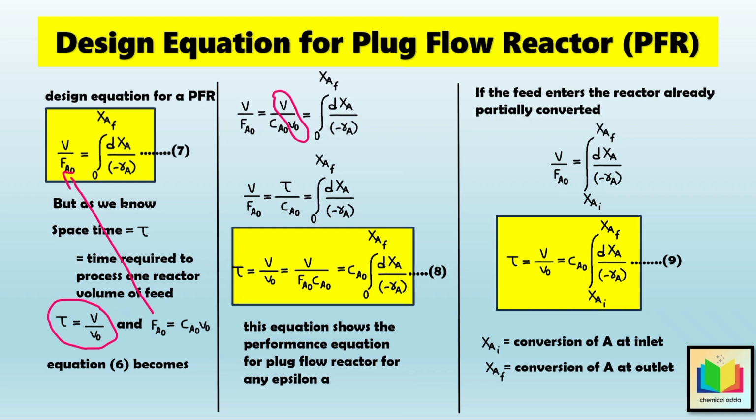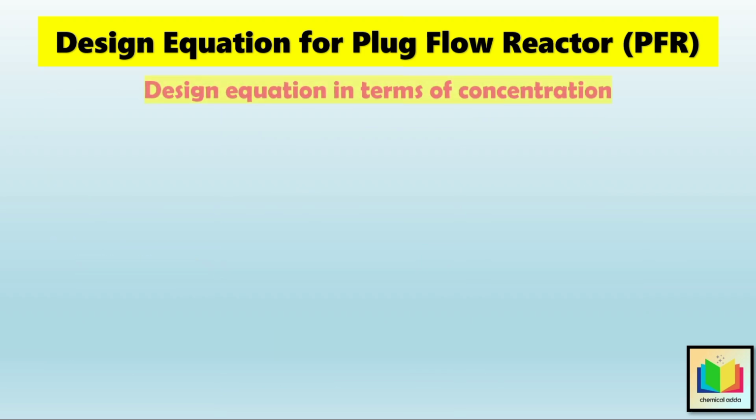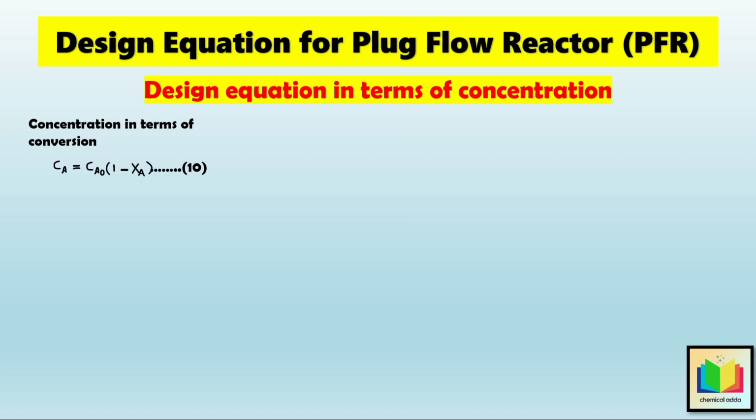Now let's derive the design equation in terms of concentration. So, to obtain the design equation in terms of concentration, we will substitute the value of conversion in terms of concentration in the design equation of PFR, and then after changing the limit accordingly, we get the design equation in terms of concentration. So as we know, concentration in terms of conversion can be written as Ca is equal to Ca0 into 1 minus Xa.